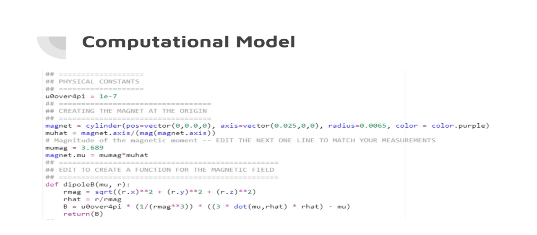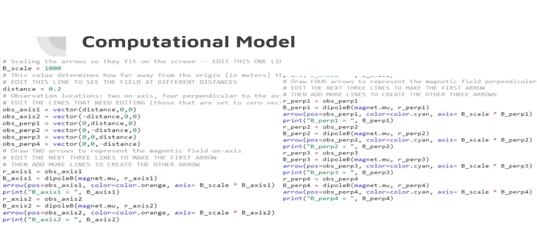And here is our computational model. As we can see, the things that we had to edit: we visualized a magnet using the actual measurements of the dimensions of the magnet that we had to buy. And we got mu from our previous slide that we calculated. And then we also created a function to calculate the magnetic field using any of the measurements that we input.